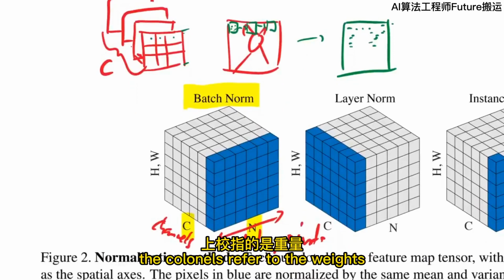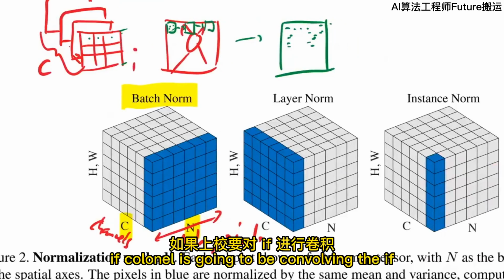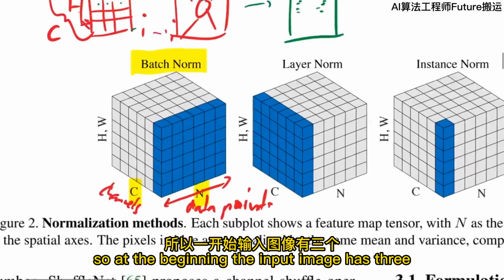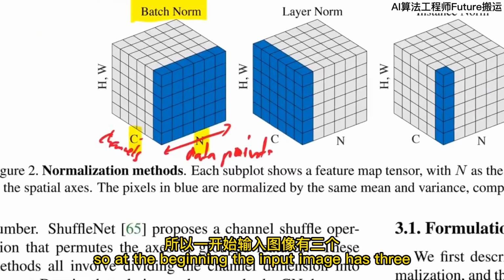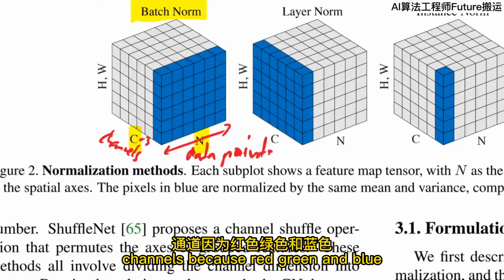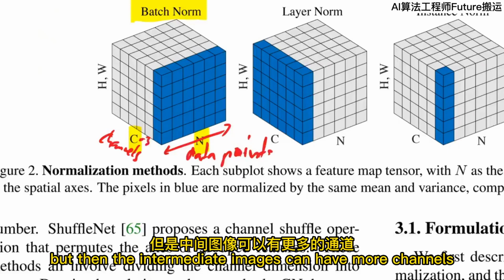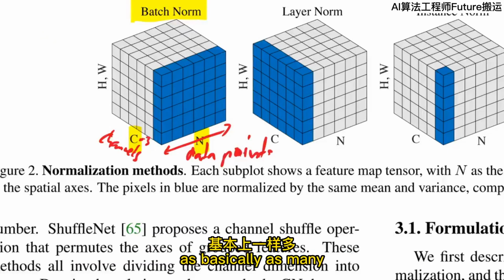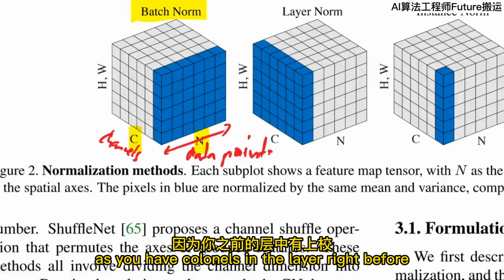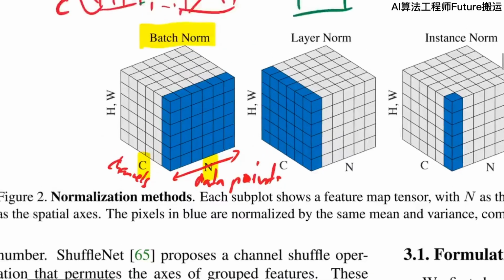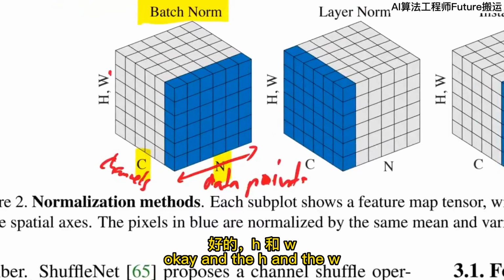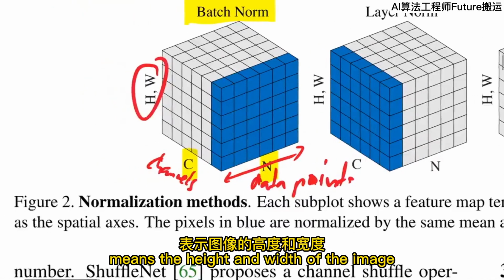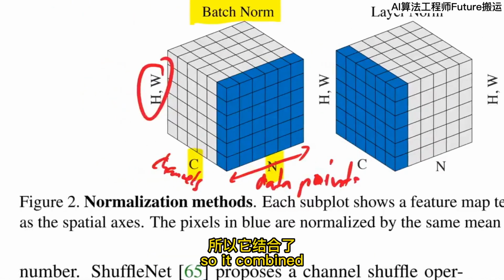Now the kernels refer to the weights and the channels refer to the image, but the ith kernel is going to be convolving the ith channel of the image. So at the beginning, the input image has 3 channels, because red, green, and blue. But then the intermediate images can have as many channels as you have kernels in the layer right before. Okay, and the H and the W mean the height and width of the image. So combined.